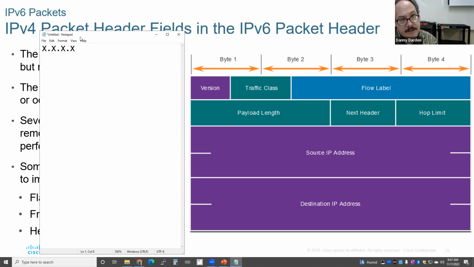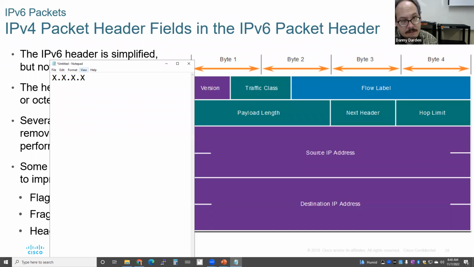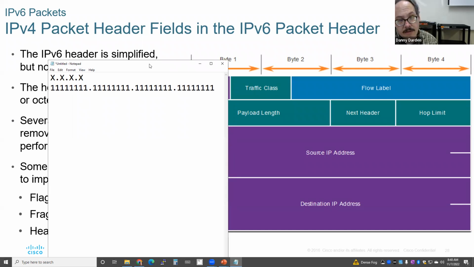These are called octets, and they're called octets because they have 8 bits. So these 32 ones here, or 32 bits, represent my IPv4 source address.